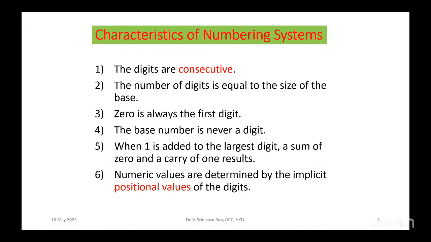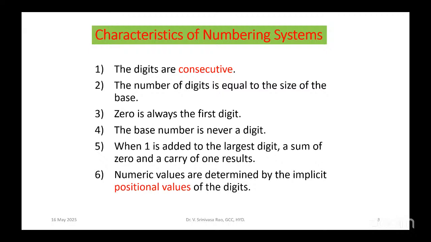Octal is 8. Hexadecimal is 16. Like that. And here 0 is always the first digit, not 1 and not 2. So 0 comes in binary, decimal, octal, hexa. In all these, the first digit is 0. In all the number systems, the first digit is 0.